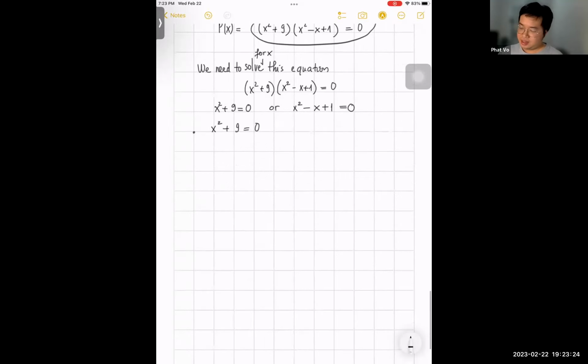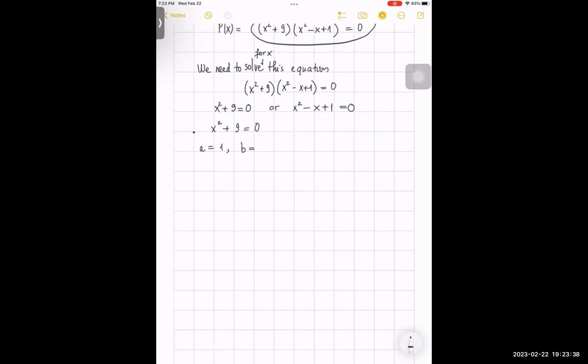Here we can determine the coefficient a is 1, right? B here, could you tell me what B is now? Is it 9? 0. Not 9, because we don't have the coefficient of x here, that means the coefficient is 0.